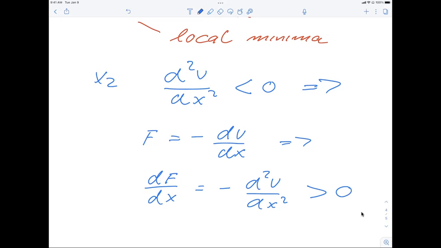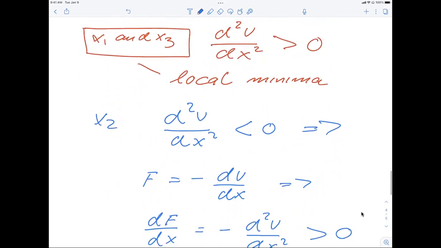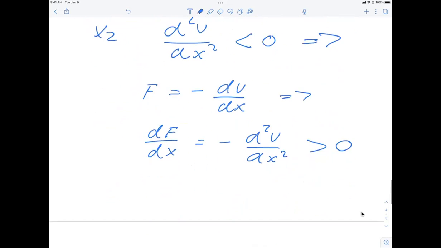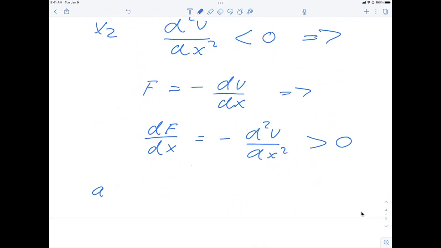Keep in mind that at x2, dV/dx is equal to 0, a maximum or minimum. So the force itself is equal to 0, but the change in the force is positive.